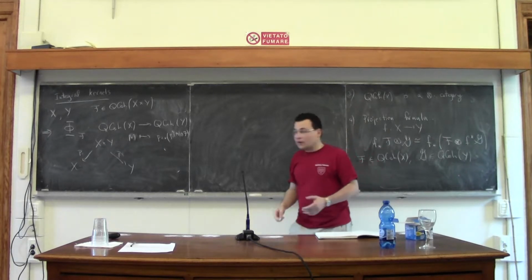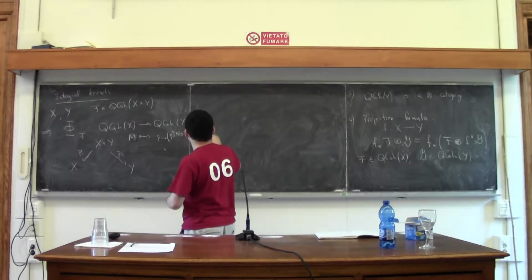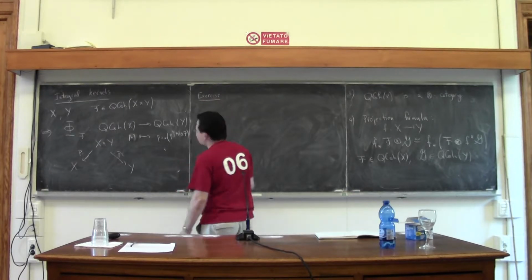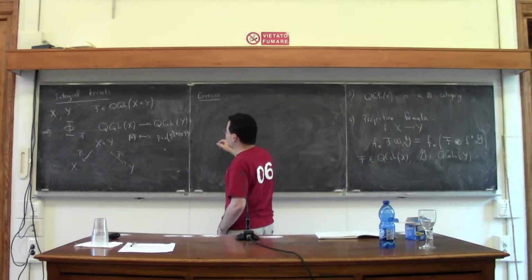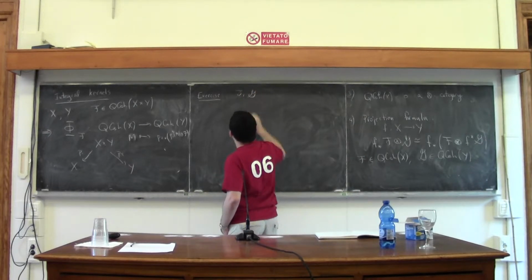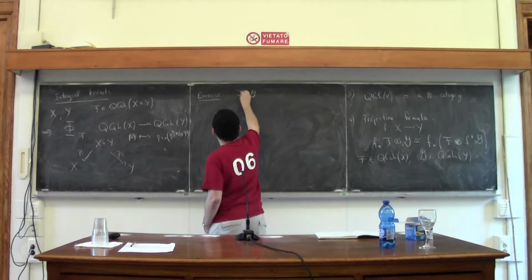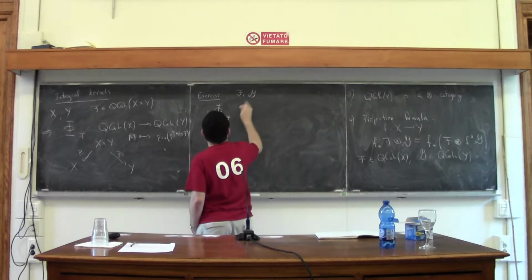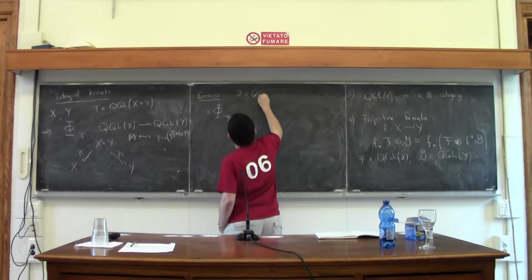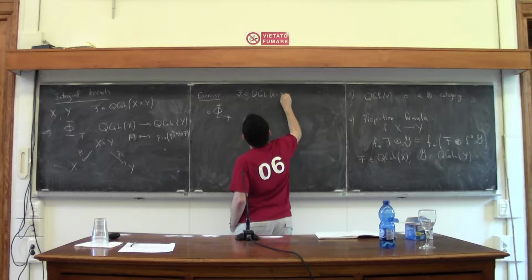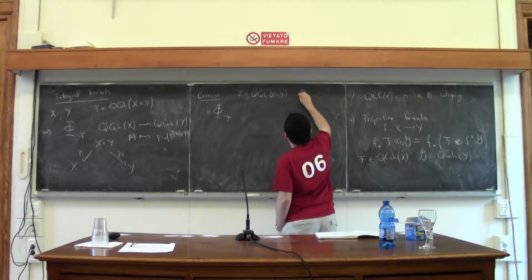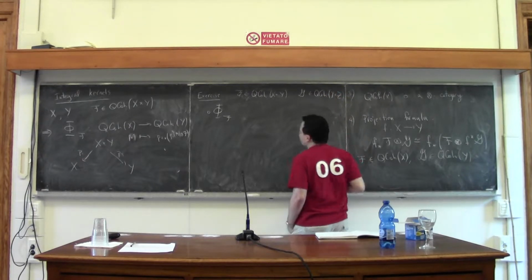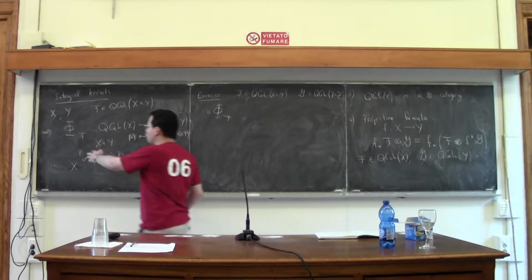First I want to state an exercise, which is the following. Suppose I have F and G. I can take E sub F, where F is in sheaves on X cross Y, and G is a sheaf on Y cross Z. So I can take a composition of the corresponding functors.